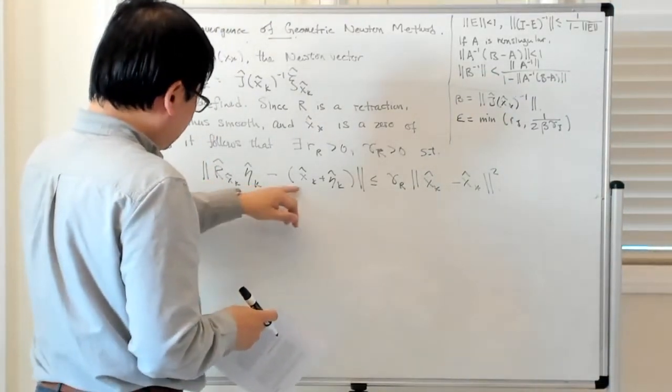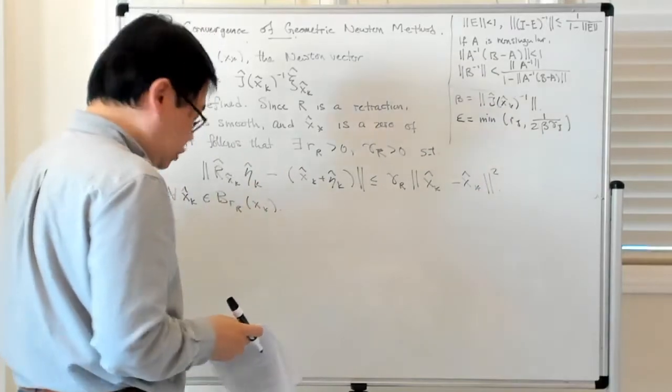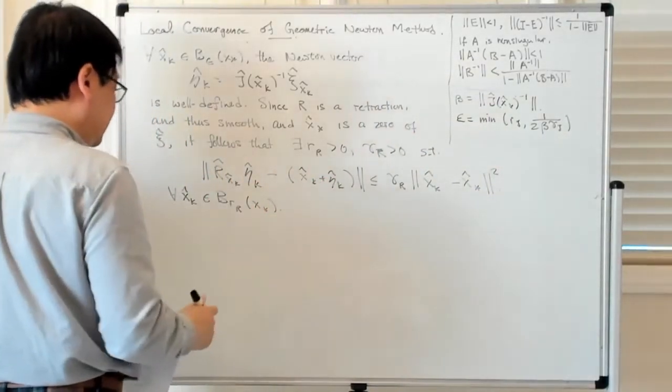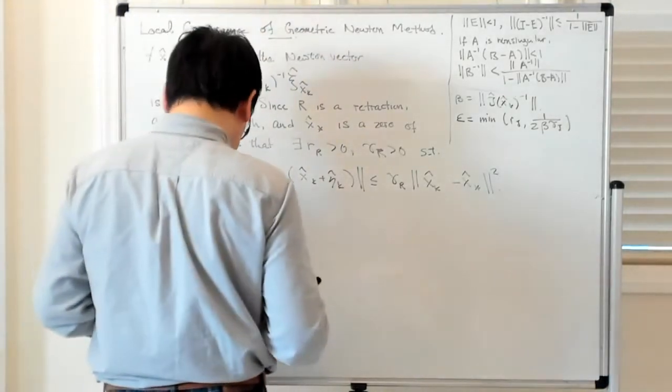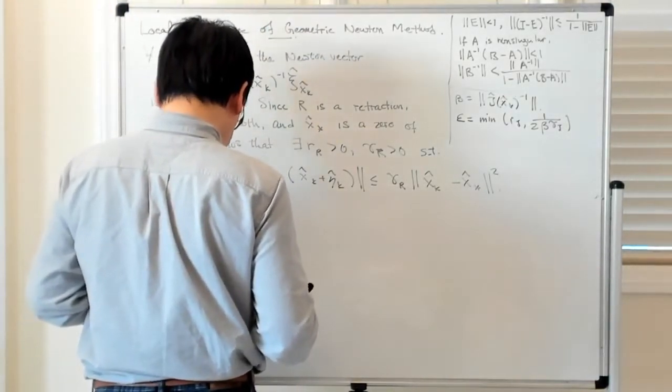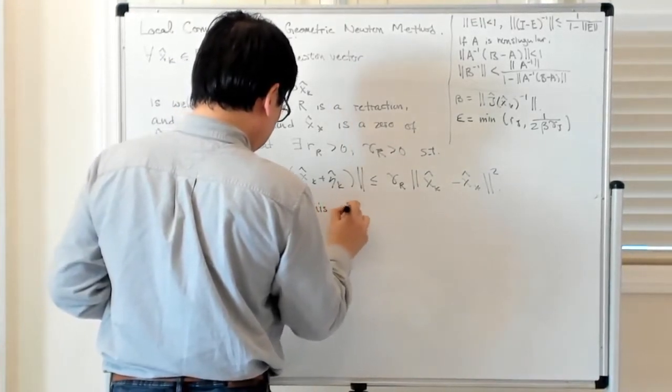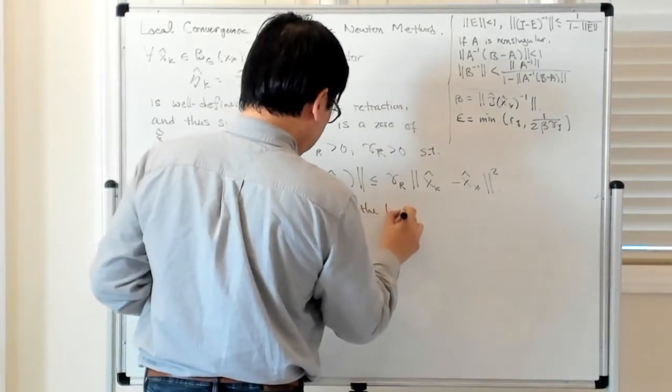The reason why this holds is basically because of the rigidity property. So the reason why you can get an estimate like this comes from the local rigidity property.